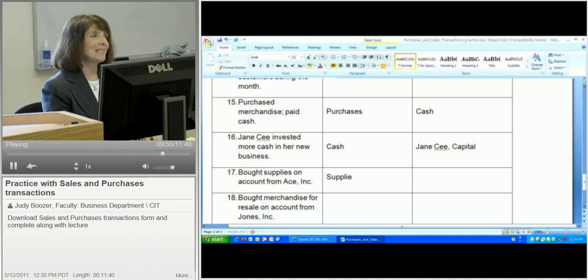Because it's supplies, not merchandise intended for resale. And the credit goes to accounts payable, Ace Incorporated. And 18, bought merchandise for resale on account from Jones Incorporated. Purchases, once again, is the debit, and accounts payable, Jones Incorporated.